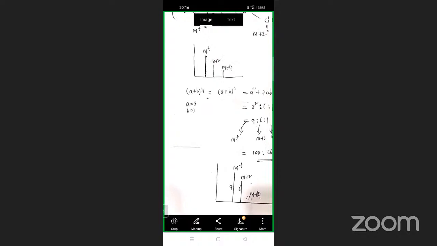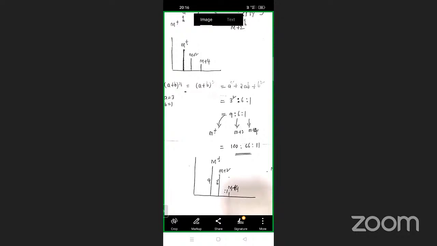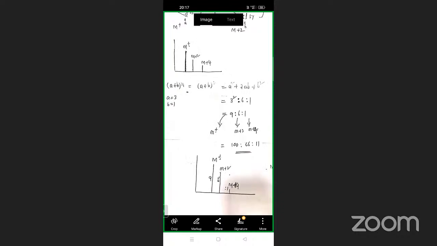A square means 3 square, it is 9 here. 2AB is 6, and B square is 1 square, it is 1. So if 2 chlorines are present, then we will get the molecular ion and isotopic peaks, M plus 2, M plus 4, with intensities 9:6:1.